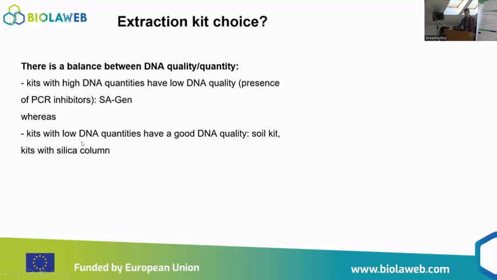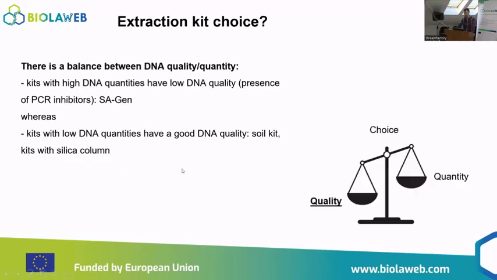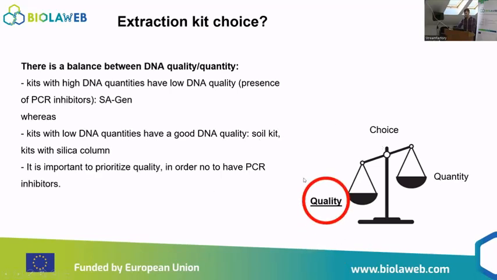And kits with low DNA quantities have good DNA qualities, like soil kits and kits with silicate column. So there is really a balance between these two criteria. And it's important to prioritize quality in our case with diatoms, and to avoid having all these PCR inhibitors.